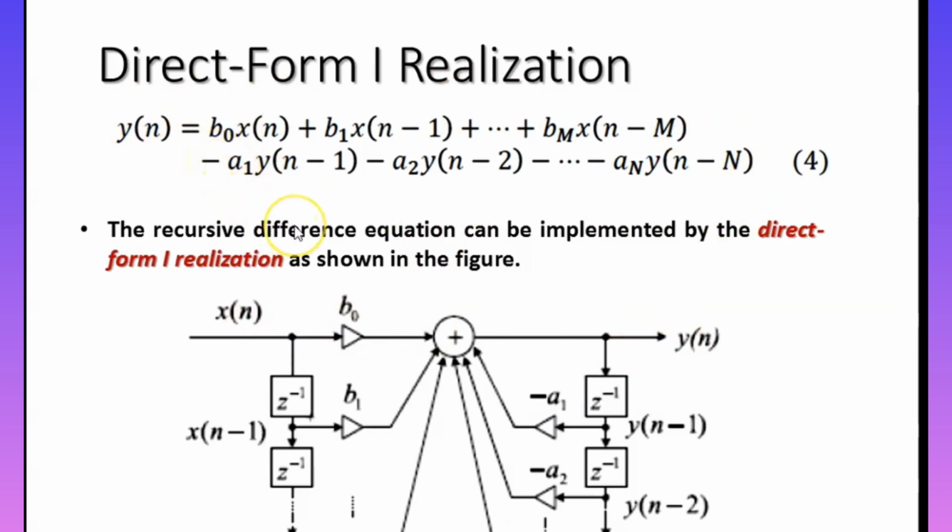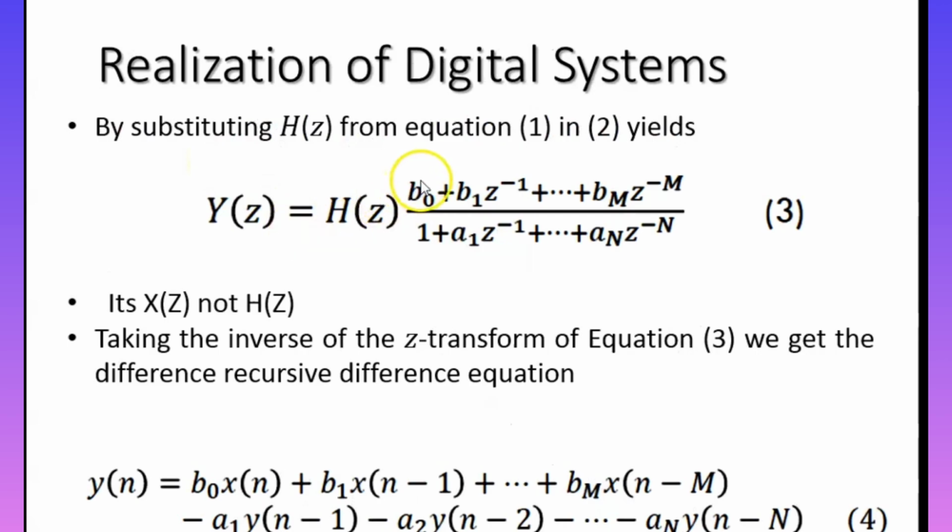If we change it to Y(z) divided by X(z), you will get 1 plus a1 up to an. Therefore you have to change the sign of the pole coefficients. If you have a1, you have to change it to minus a1 and vice versa. This is how you have to connect.